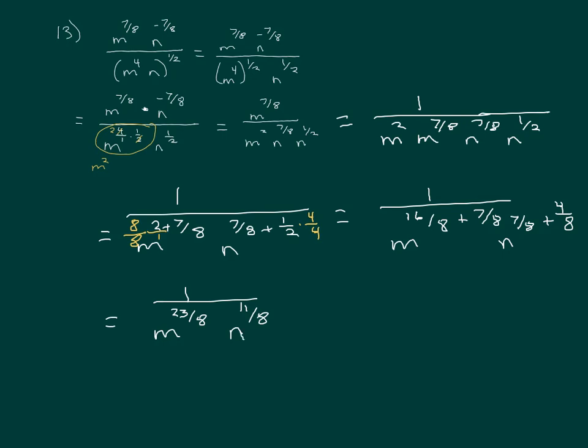Okay, now I only have one m and one n, and I don't have any negative exponents anywhere, so this is simplified, and that's my answer.